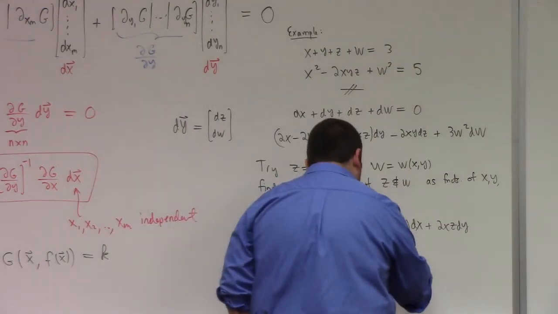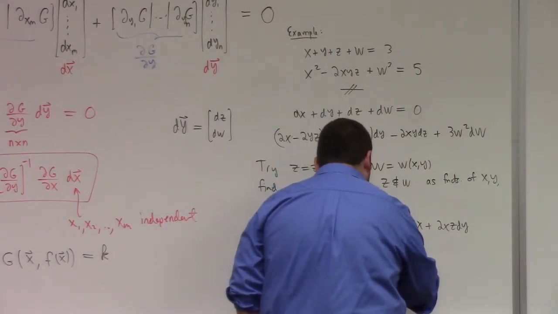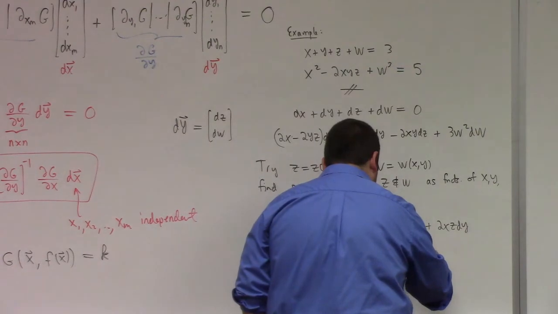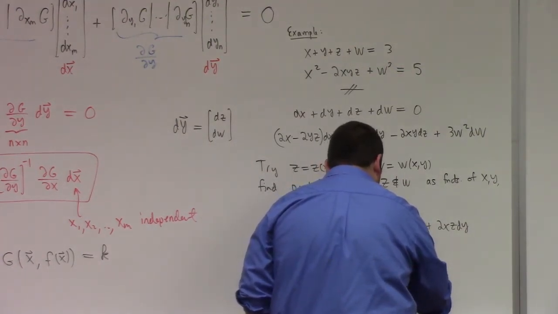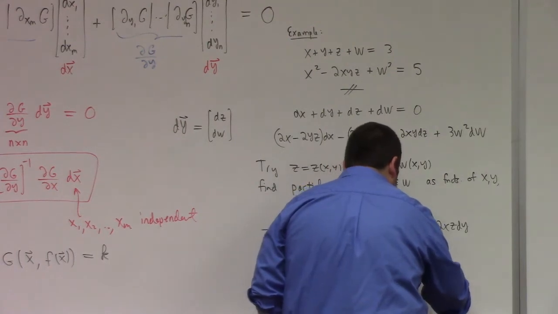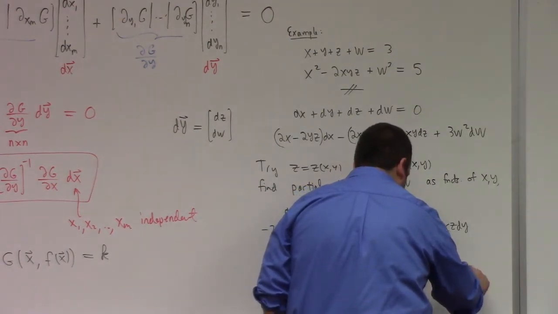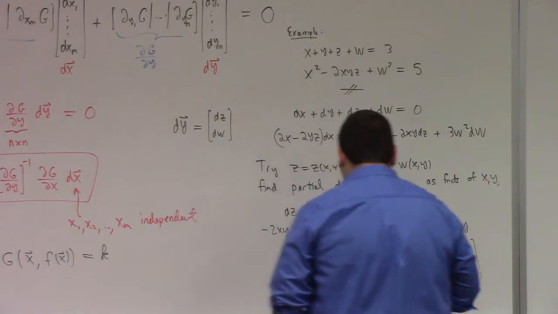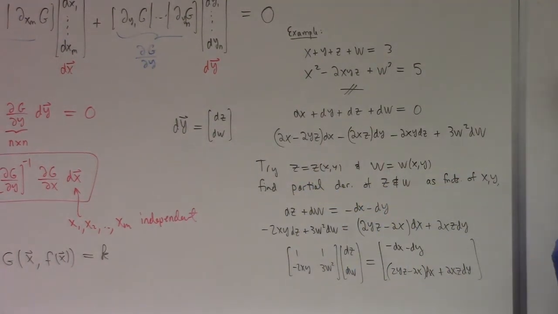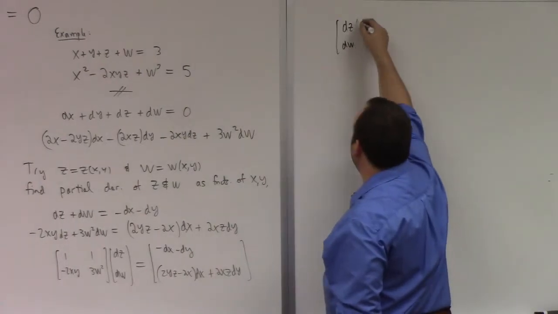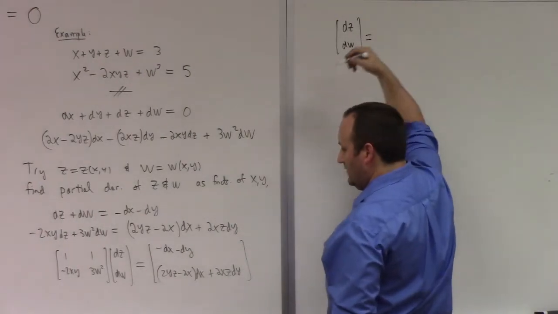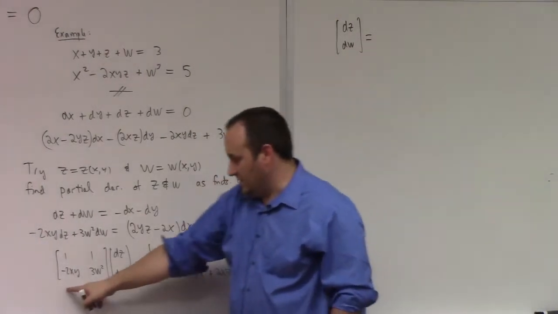So this is minus dx minus dy, and this is 2yz minus 2x dx plus 2xz dy. All right, so there you go. We get that dz dw is equal to the inverse matrix of this, which is what?